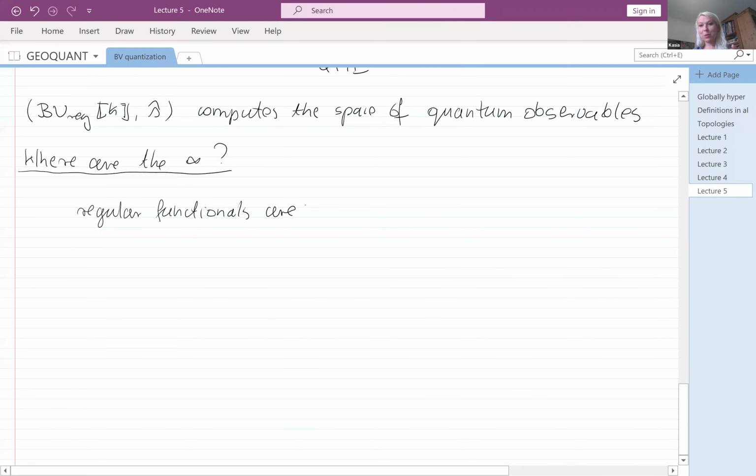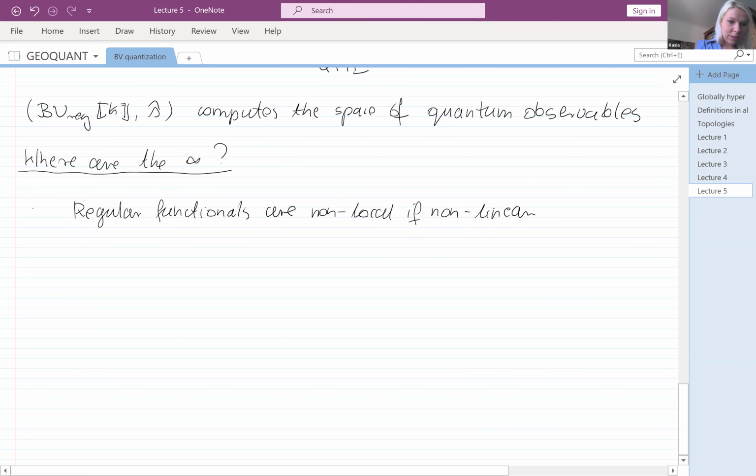Well, this is an easy observation. If we want them to be local, they can be at most linear, because for quadratic things, if they are local, the derivative already gives a delta distribution. So regular functionals are non-local if non-linear. Okay, so the time-ordered product I defined gets singularities if I want to extend it to local arguments.